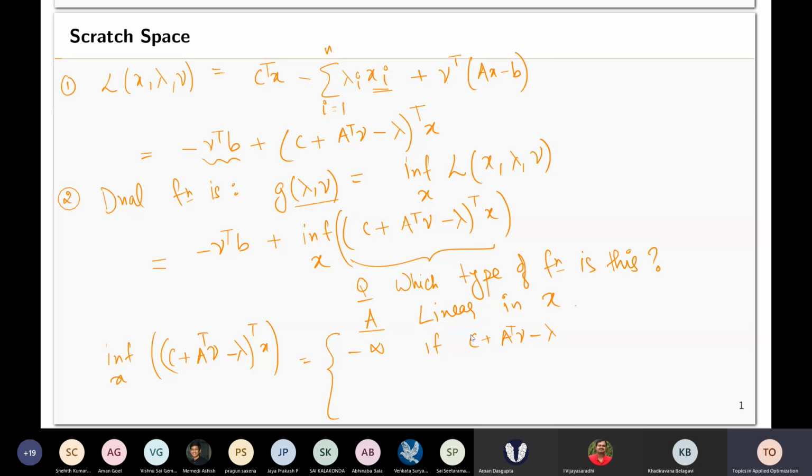If this is non-zero, then we can make it go to minus infinity. The only way it may not go to minus infinity is when this term is equal to 0. In that case, it will be 0, if C plus A transpose nu minus lambda is equal to 0.